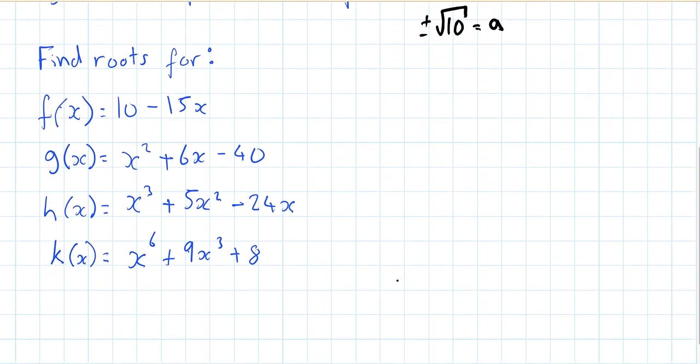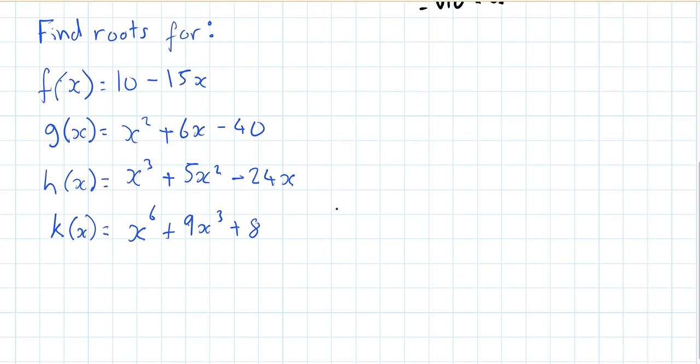Next up we have finding the roots for these functions here. So I've picked a few different examples. To find roots, all we do is take our function and set it equal to 0 and then solve it. So it could be quadratics or just normal equations. First one, 0 equals 10 minus 15x.